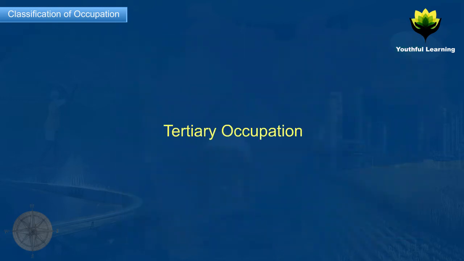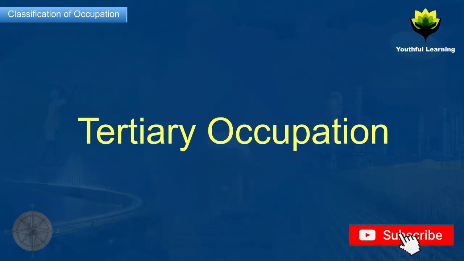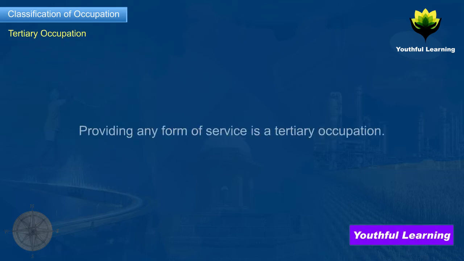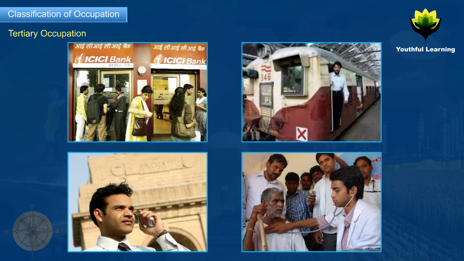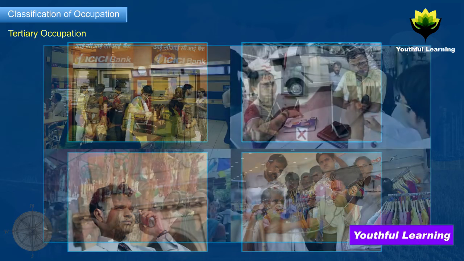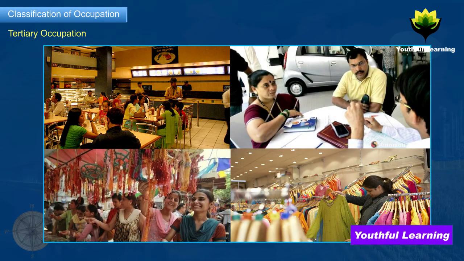Tertiary occupation. Providing any form of service is a tertiary occupation. It does not involve any production, but indirectly helps in the production of goods and other activities. It mainly deals with the distribution of the final product.